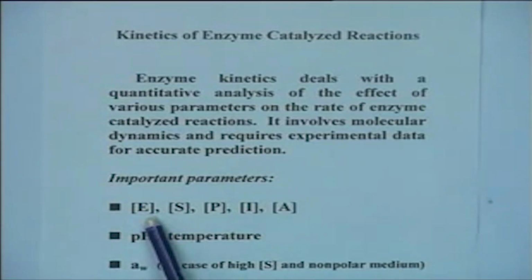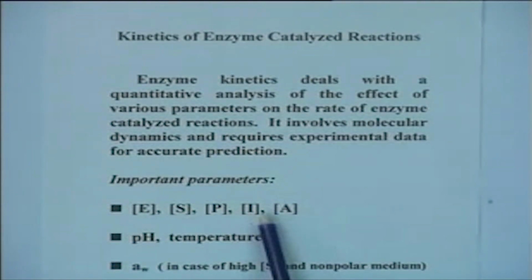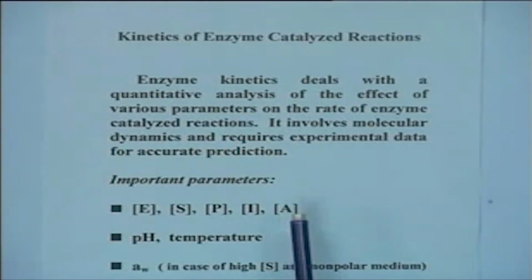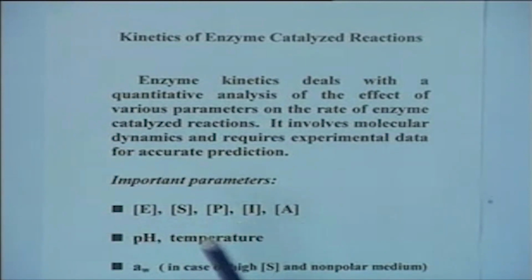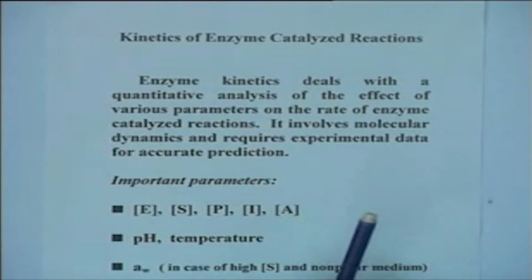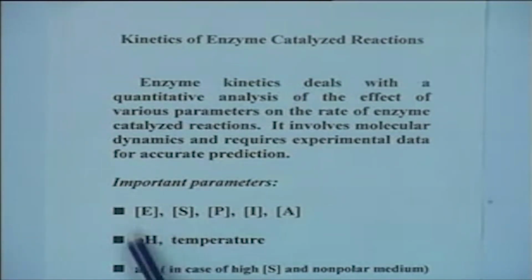To take these observations, the key parameters usually involved are the enzyme concentration, substrate concentration, product concentration, and the concentration of an inhibitor or activator if there is one, whereas enzyme, substrate and product are the universal chemical species involved in enzyme catalyzed reactions. Then you have a set of environmental parameters like hydrogen ion concentration, reflected in pH, or the temperature of reaction.